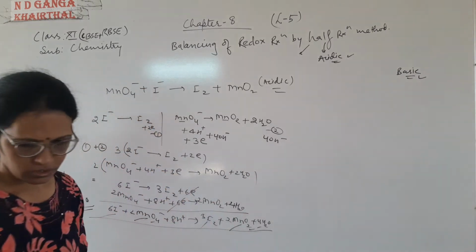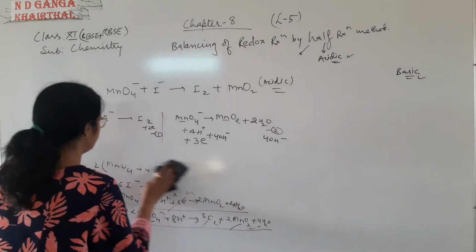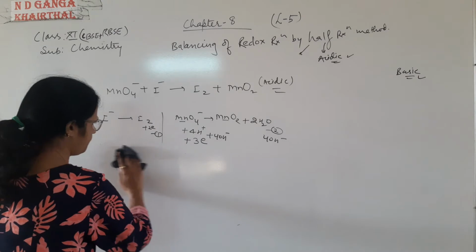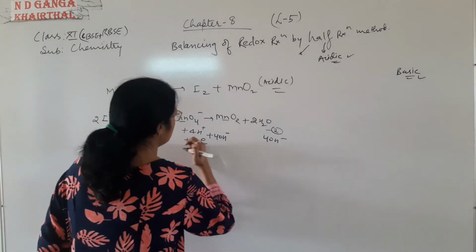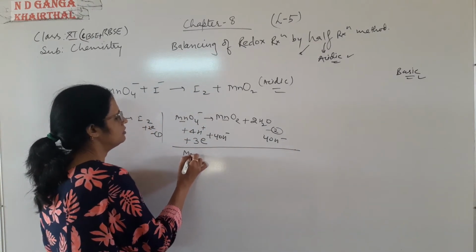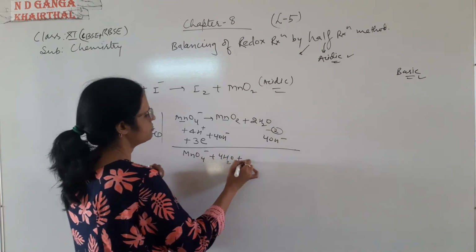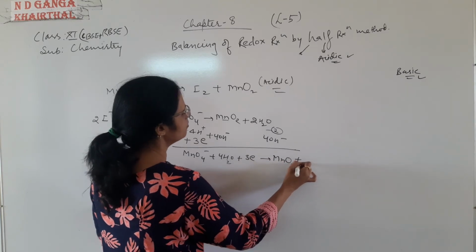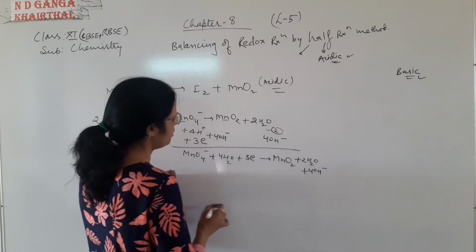So see what changes occur in this reaction if we balance it this way. MnO4 negative plus 4H2O plus 3 electrons equals MnO2 plus 2H2O plus 4 OH minus.